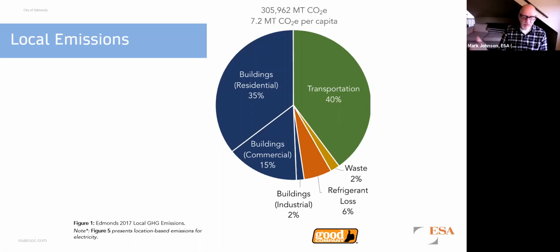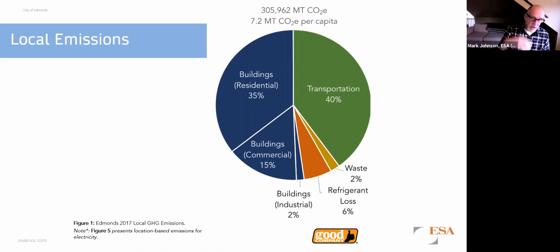I just used a fancy term there, carbon dioxide equivalent. For those that haven't heard that before, very quickly, carbon dioxide is the most common of the greenhouse gases, but there are a number of other gases that cause global warming, and many of them are much more powerful warming agents than carbon dioxide.